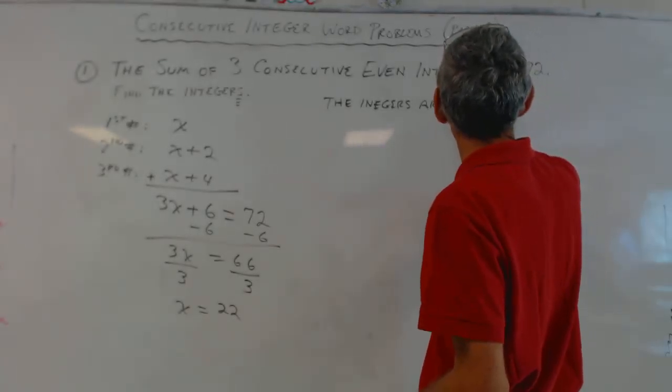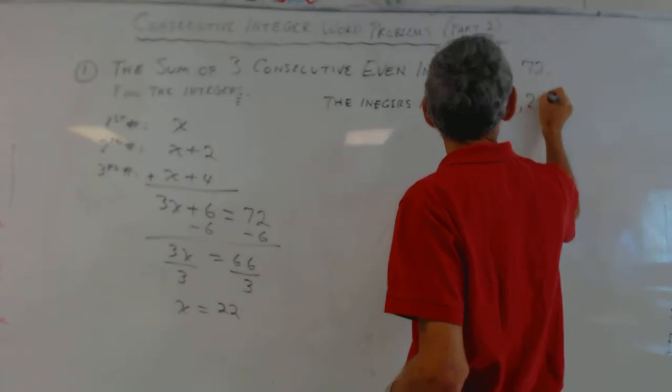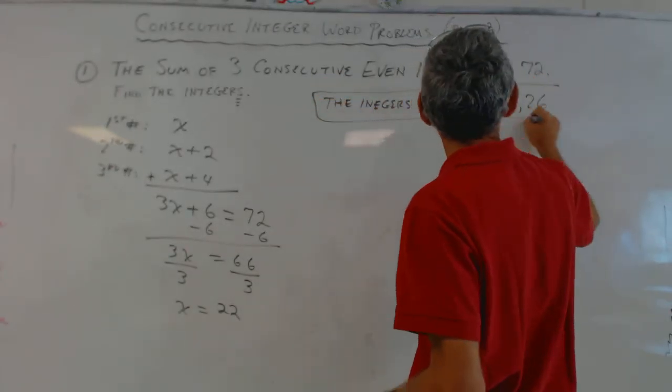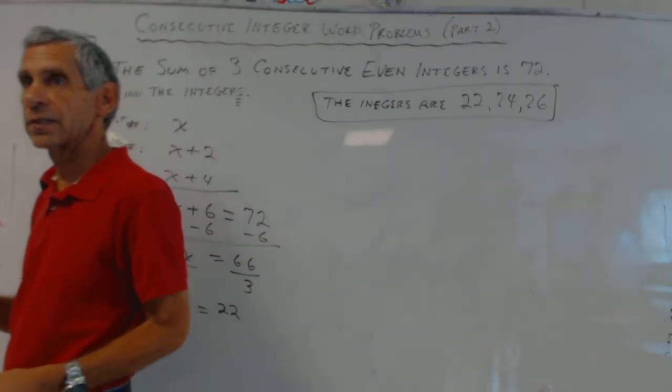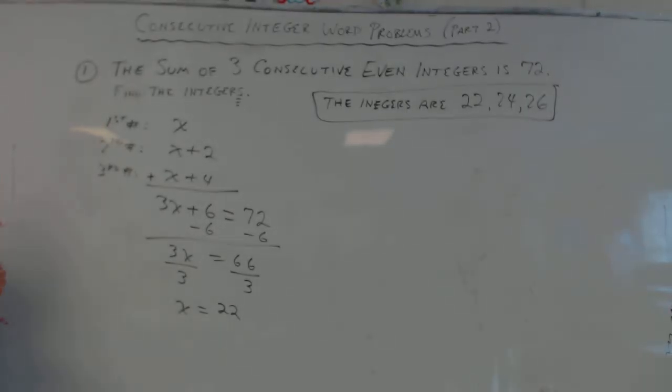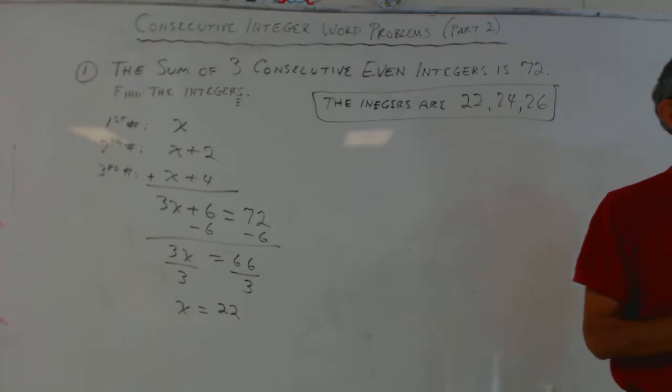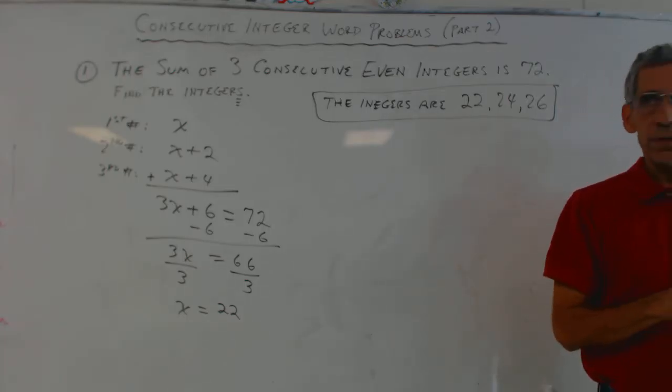So 22, 24, 26. And I put it in a box so that the teacher can find it. The integers are 22, 24, 26. All right. Does that make sense? Fist of 5. Do you guys get that? Is it clear? Yeah. Awesome.